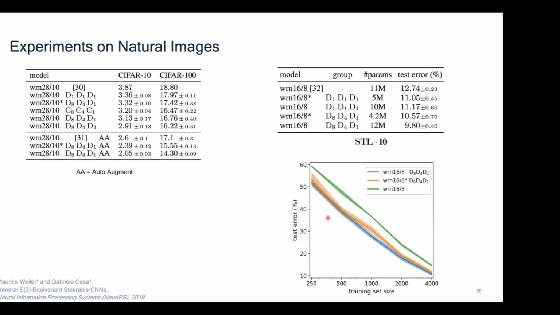This turns out to work really well also on natural images. For example, we tested on STL10, which is a very, very small subset of ImageNet. And we see that even if these models are not equivariant to global transformations, they still have the typical data efficiency property of equivariant networks, where they have much stronger generalization than standard convolutional neural networks.